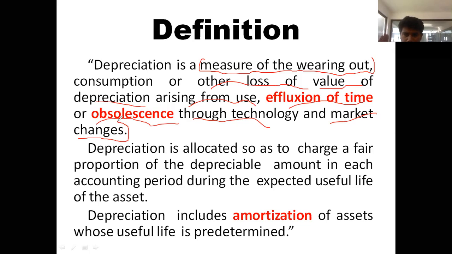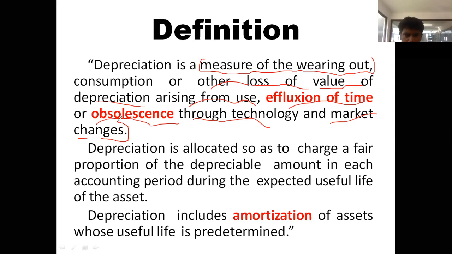So the first year the depreciation value is 10 rupees, and after the second year it may be 20 or 50 rupees. That much amount has to be reduced. Understand these things from the very beginning.